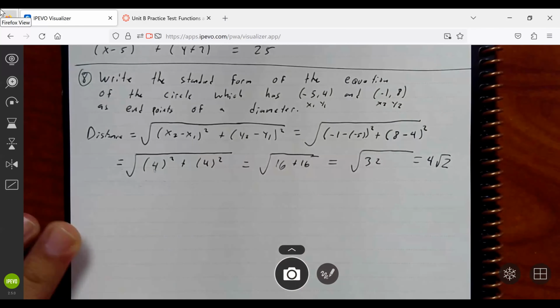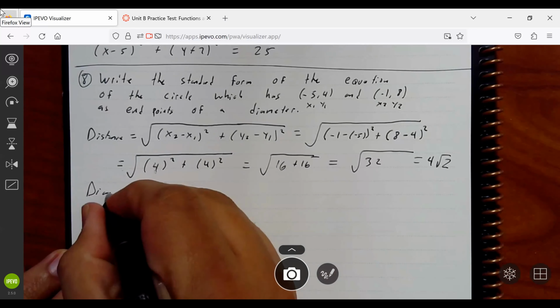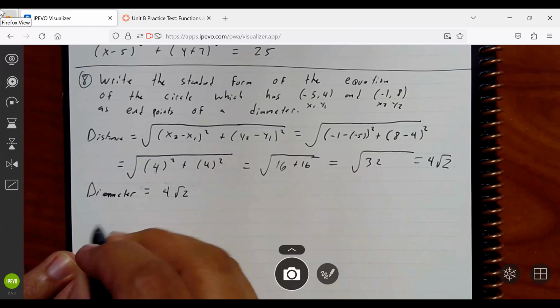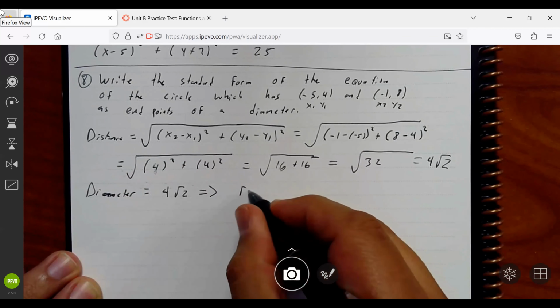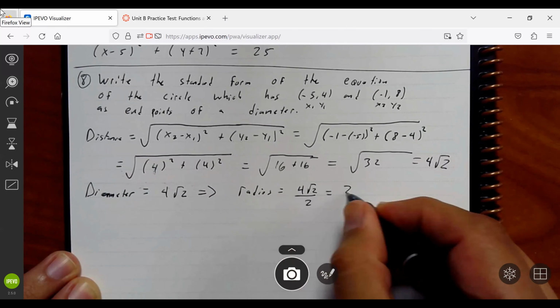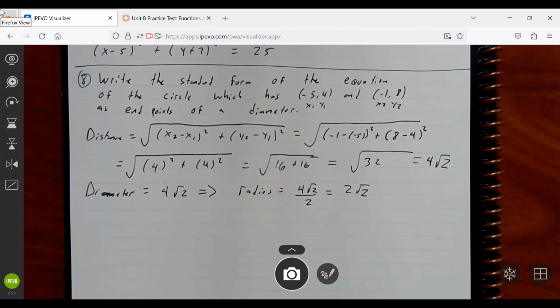So the diameter is equal to 4 square root 2, which implies that the radius would equal 4 square root 2 divided by 2, which is 2 root 2, right? So you guys with me up to this point? Because now we're going to move on to finding the center. Anyone lost on this part?